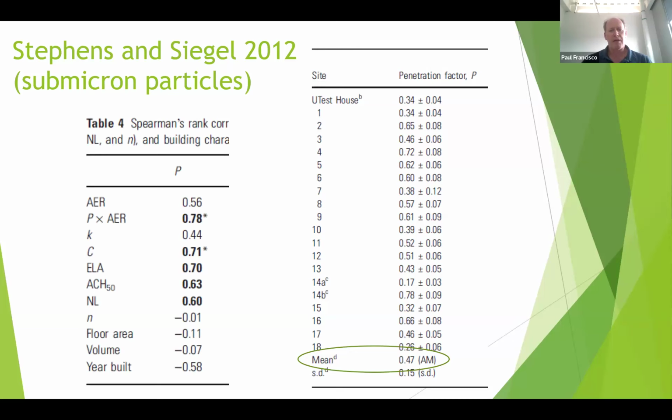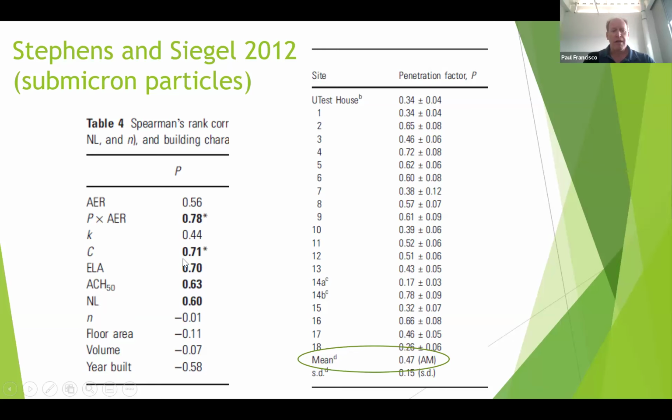Another thing that they did was compare penetration factor with a bunch of different housing characteristics. So here are some housing characteristics, and there are statistics on Spearman's rank. The ones in bold are significant to P of less than 0.01. The ones with the asterisks are P less than 0.001. Of interest to me is that these four here, C, ELA, ACH50, NL, are all metrics of air leakage of homes.